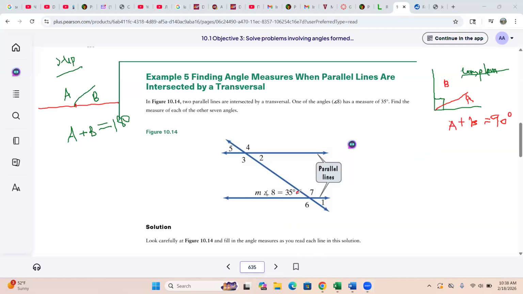So if that's 35, this will be also 35, right? The angle which is opposite to it is also the same measure, 35, as well as angle 2 and angle 5. They're all gonna be 35 degrees. 35 degrees is one measure. So the question is, what will be the other measure?